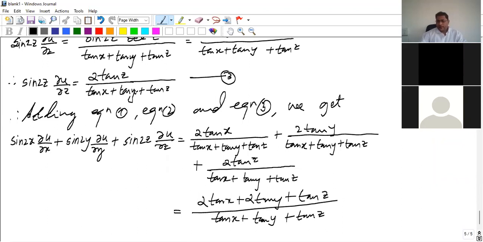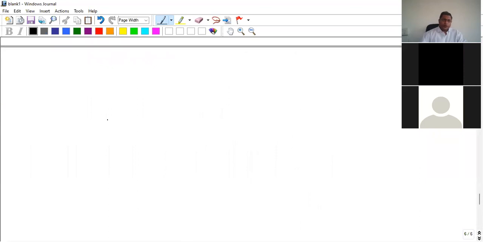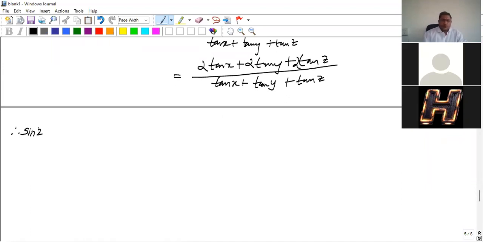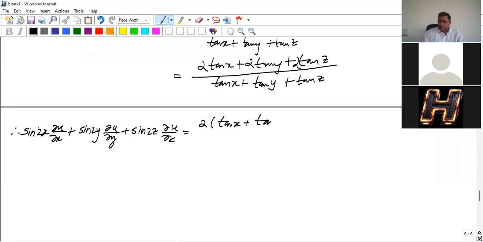So we can write this as, it is 2 tan z, yes. So sin 2x ∂w/∂x + sin 2y ∂w/∂y + sin 2z ∂w/∂z is equal to 2 into (tan x + tan y + tan z), and here it is (tan x + tan y + tan z).